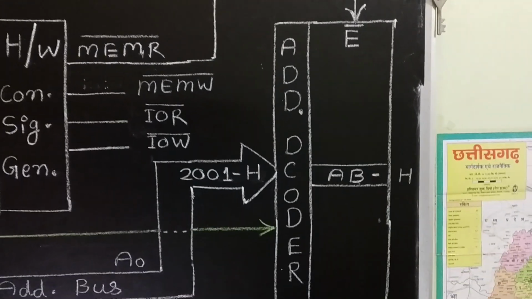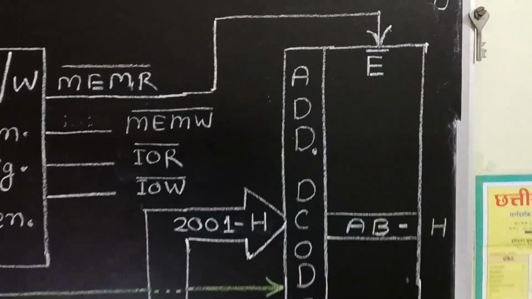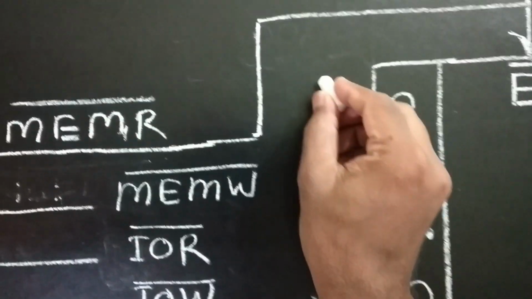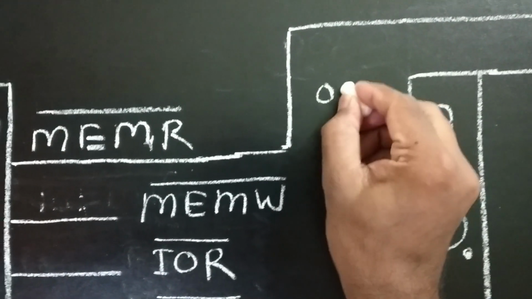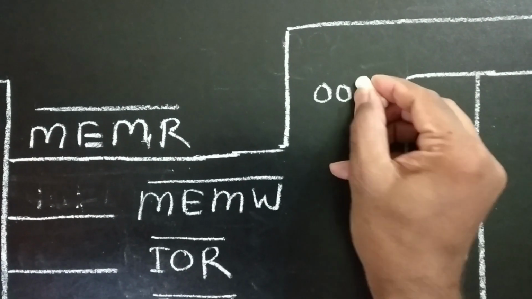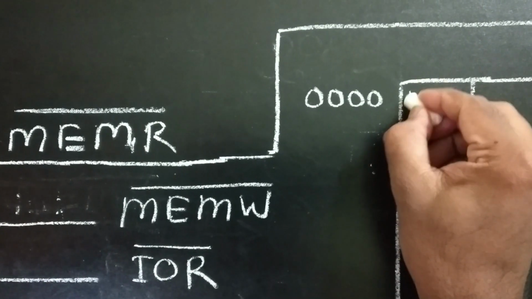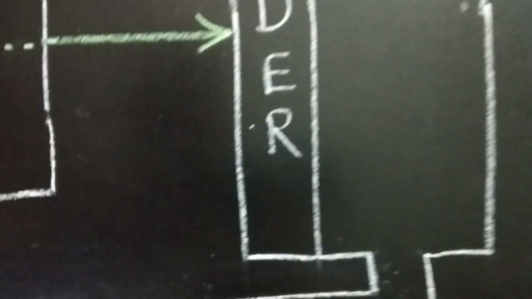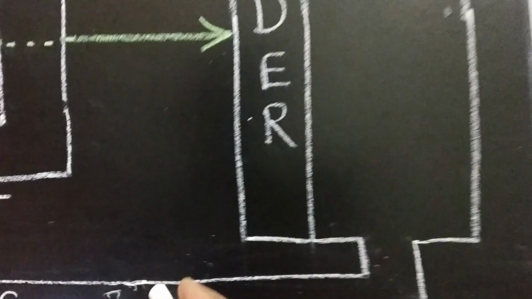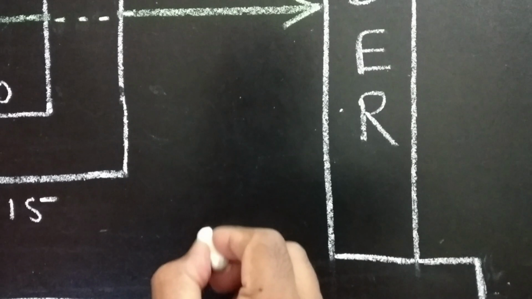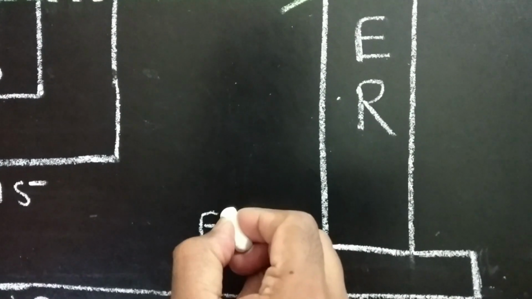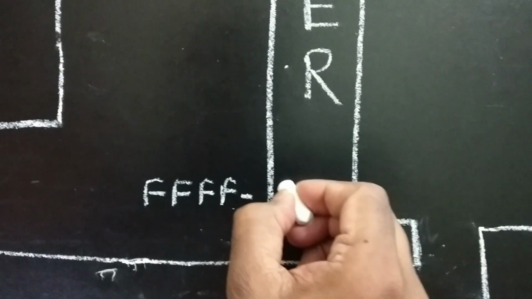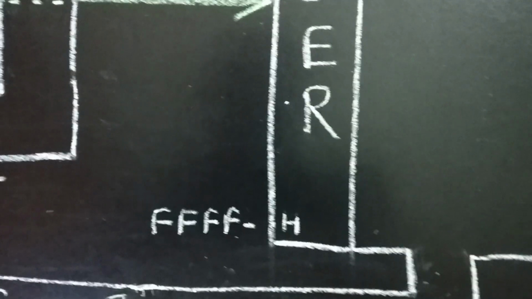In the microprocessor 8085, we have a total memory of 64K, having a starting address of 0000H to the last memory location, FFFFH.